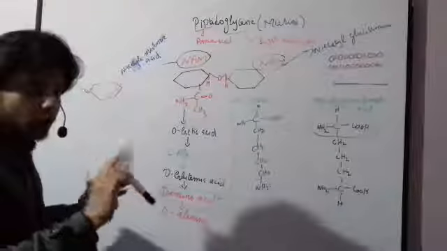So this green one represents the NAM, and this red one represents the NAG. With NAM, what do we have? We have 5 amino acids. 1, 2, 3, 4, 5. Yes, and then we have another NAG.